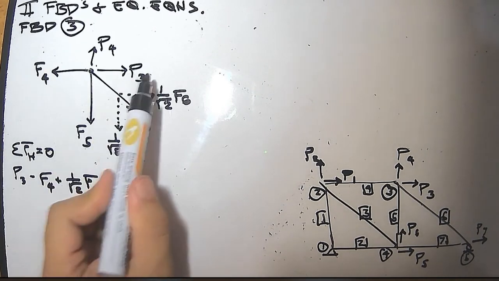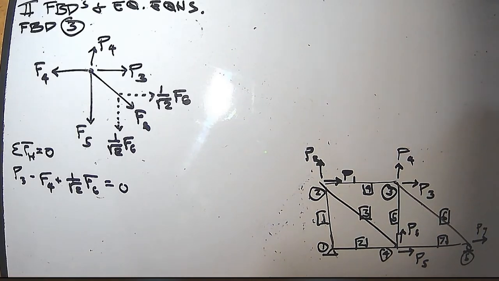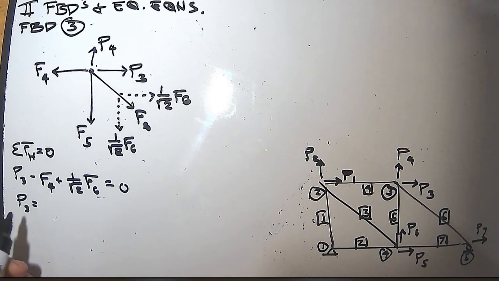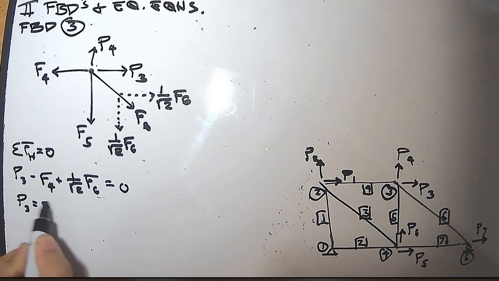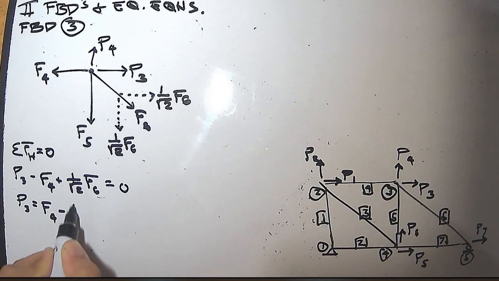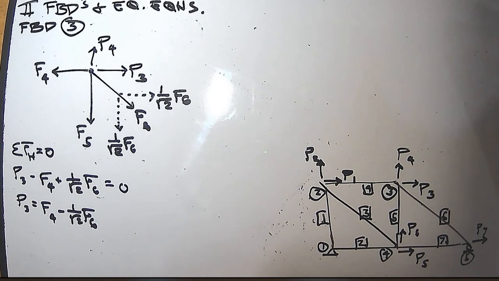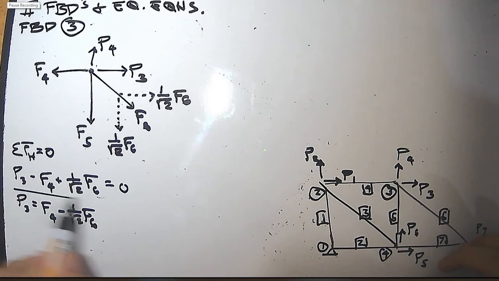Okay, so wala na. 3, 4, and then F6. We maintain P3, your P forces on your left. Tapos, yung F forces sa right. So, P3, this becomes now F4 minus 1 over square root of 2 F6. So, yan ang kailangan natin.